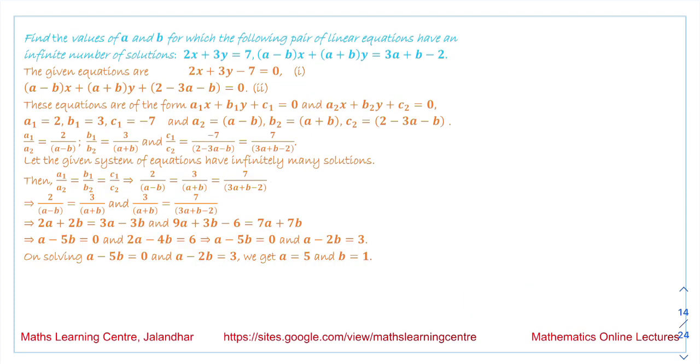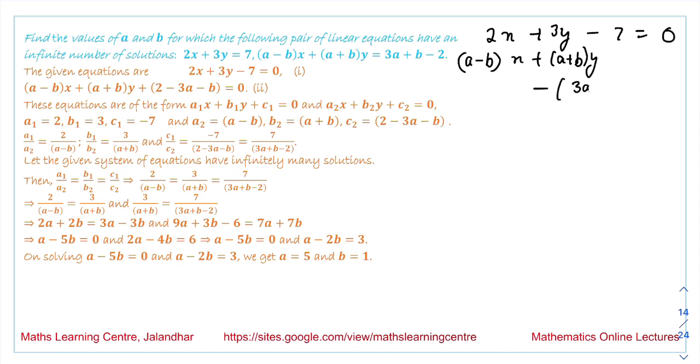Now in this question, the system that we have is 2x plus 3y minus 7 is equal to 0, and (a minus b)x plus (a plus b)y minus (3a plus b minus 2) is equal to 0. Again we are given that it has infinite solutions.